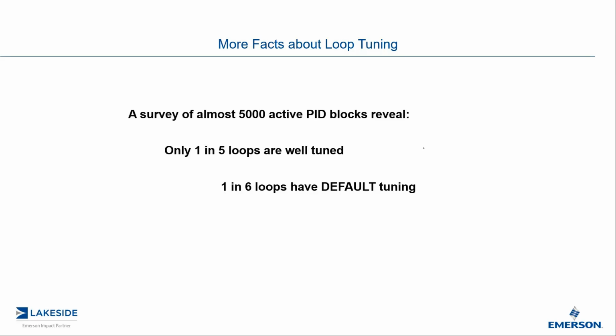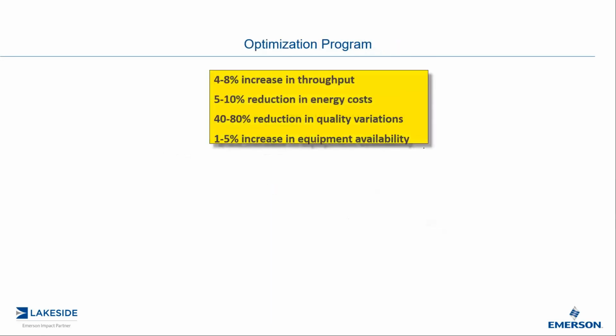They're active, they're running, but they actually have default tuning. That means they have never been tuned, never been looked at. They're probably running okay, because obviously someone would have looked at it. But when you think about it, they've actually never been tuned at all. And 1 in 3 loops have suspect tuning, meaning that the tuning parameters are way out of whack as to what they should be based on that type of loop.